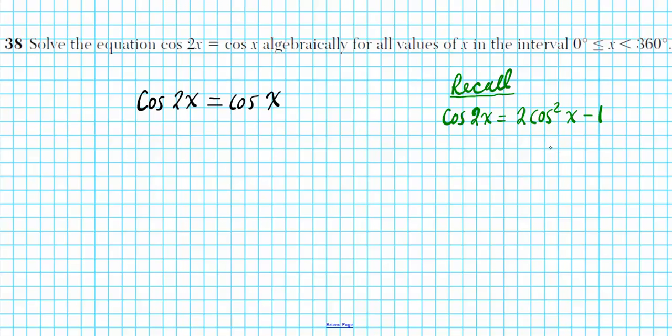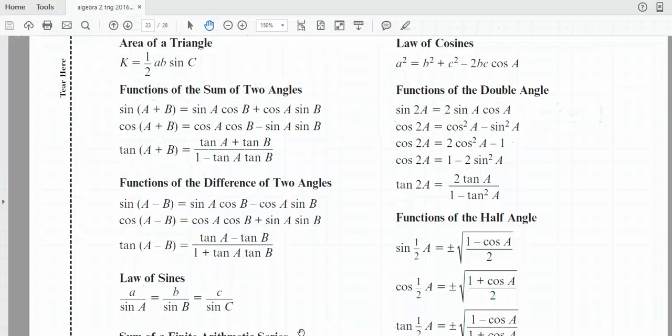Remember, for your double angle identities, there are 3 of them for cosine. Okay, so if you look at your reference sheet, let me show it to you real quick. So if you go to your reference sheet, for the double angle identities, there are 3 of them for cosine. So the question is, which of them do we pick to solve the problem?